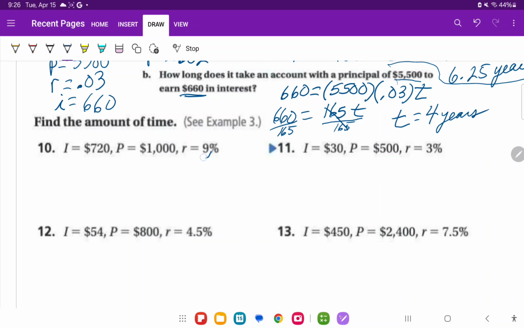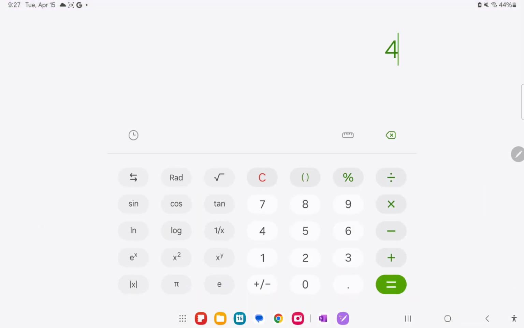So this right here, we're going to move that decimal over 2 places. So my rate is 0.09. So the interest is equal to the principal times the rate times the time. So then I need to multiply that together. 1,000 times 0.09 equals 90.